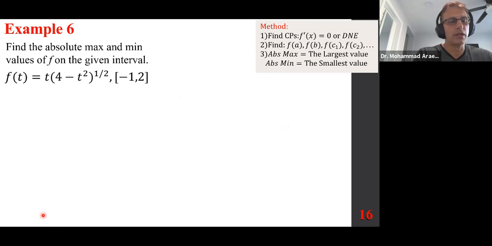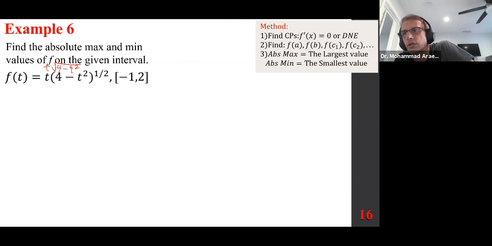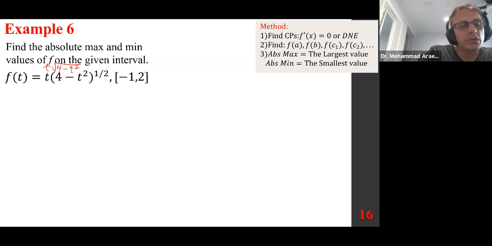So let me rewrite the function for you, class. Your function is t times 4 minus t squared to the power of 1/2, which means the square root of 4 minus t squared. So in essence, we are dealing with a square root function.